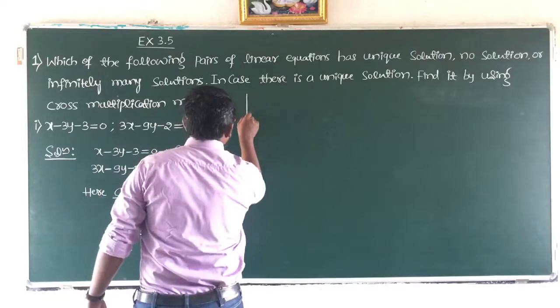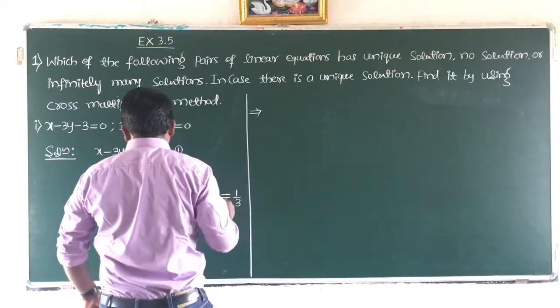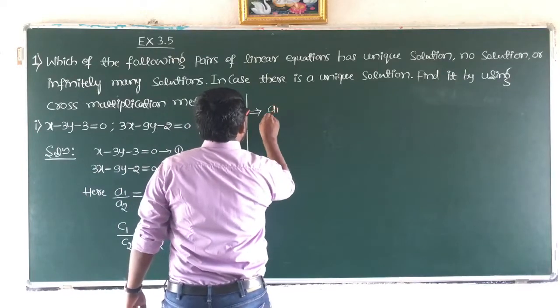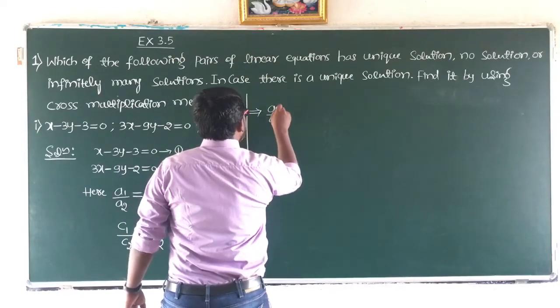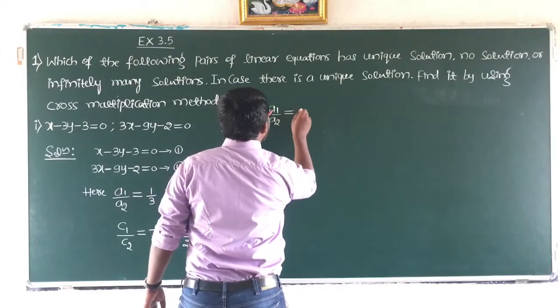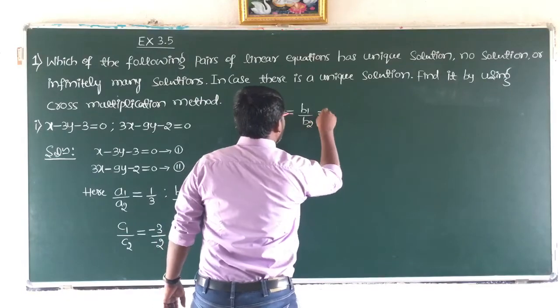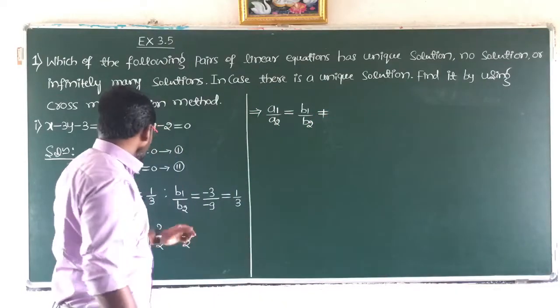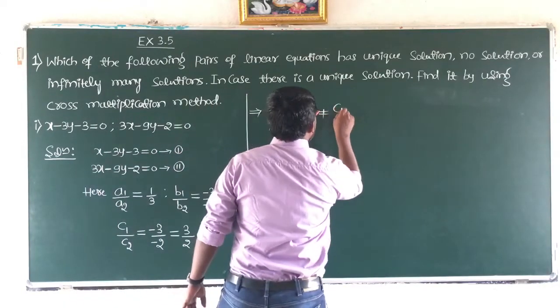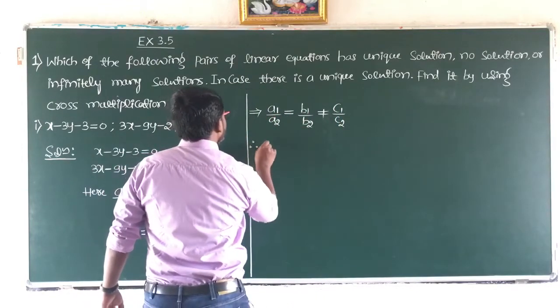So this implies, comparing the ratios, a1 by a2 is equal to b1 by b2, which is not equal to c1 by c2.